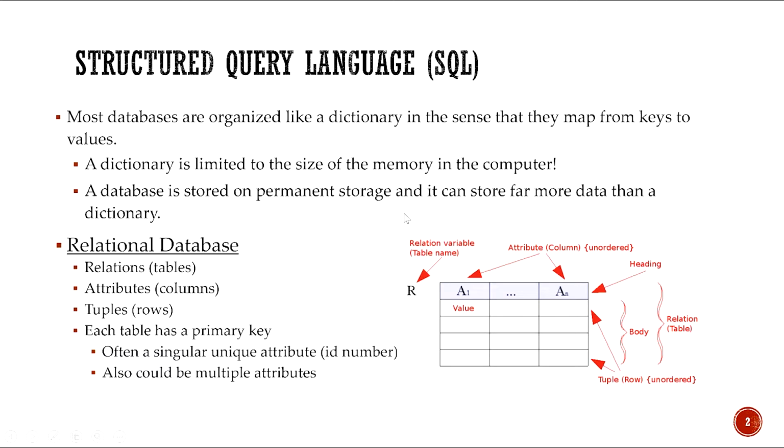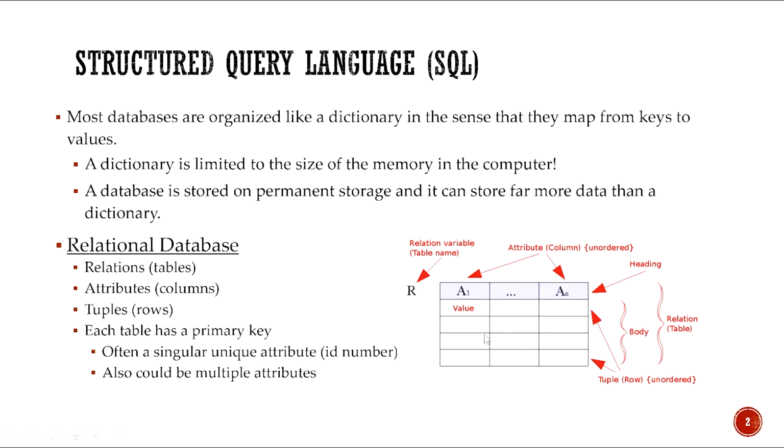Most databases are organized like a dictionary in the sense that they map from keys to values. However, a database is stored on permanent storage, and it can store far more data than a dictionary. In a relational database, data is stored in tables.